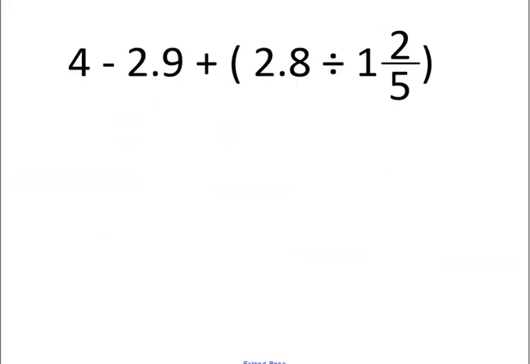All right, so let's take a look at this problem here. I'm going to write PEMDAS at the top. This one is also not too bad to change into a decimal. So remember, anything with a bottom like a fifth, you can easily change into a tenth, which you can then change into a decimal.